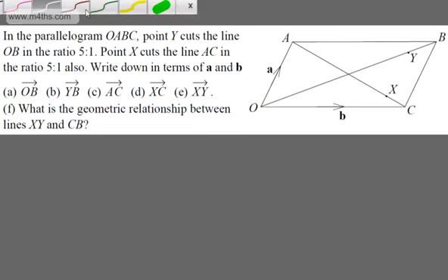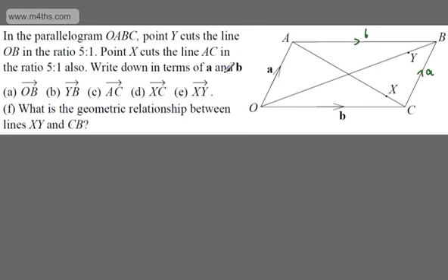Okay, let's go ahead and label some of this up. Parallelogram, that means that AB is going to be equal to B. We know that. If this now is here and OC is B, this is both parallel and of equal length or magnitude. BC is going to be A. Again, CB is going to be A as OA is A.